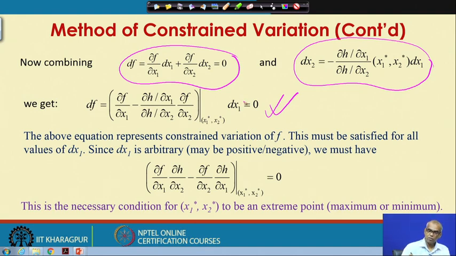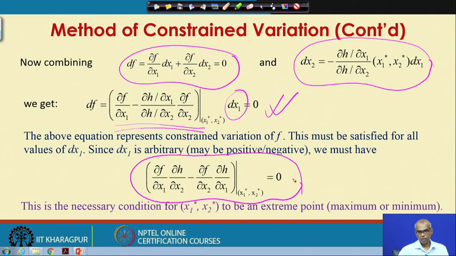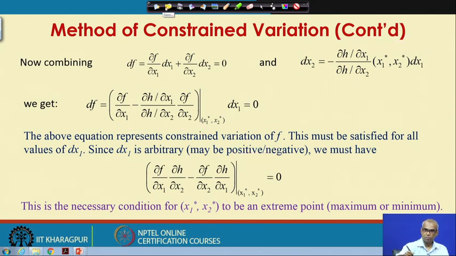Now, dx1 is arbitrary, it is a variation. So, it can be made positive, it can be made negative. So, we must have this term equal to 0 at x1 star, x2 star. In other words, this will be equal to 0 at x1 star, x2 star, and this is the necessary condition for x1 star, x2 star to be an extreme point, that means maximum or minimum.